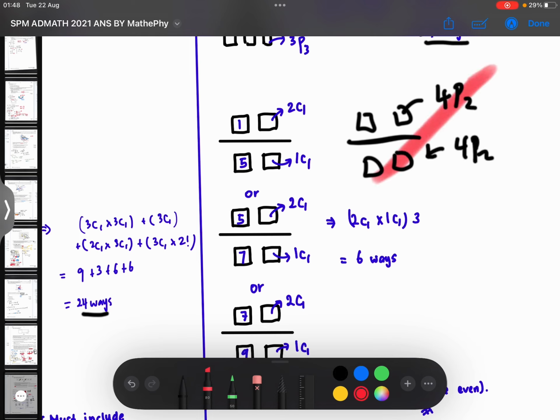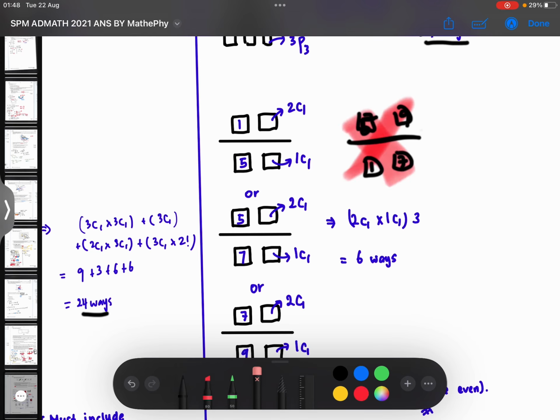Of course I don't want to do it like this, because there is a possibility that the permutation will be, for example, 1 7 and 5 9. We don't want this, so I need to set the condition like this: 1 5. This is to avoid the improper fraction, instead of 5 1 like this. I don't want that.